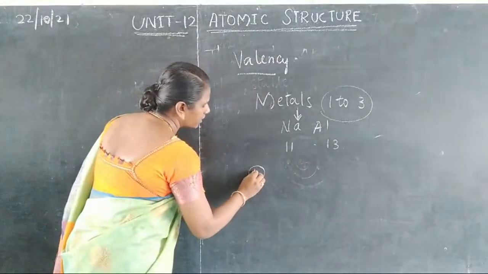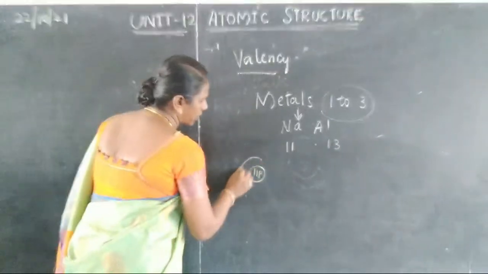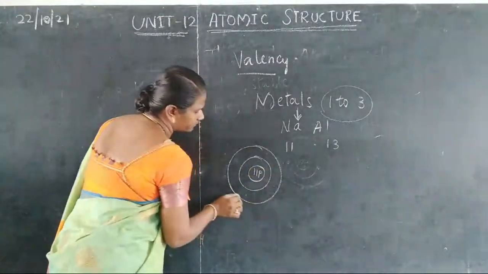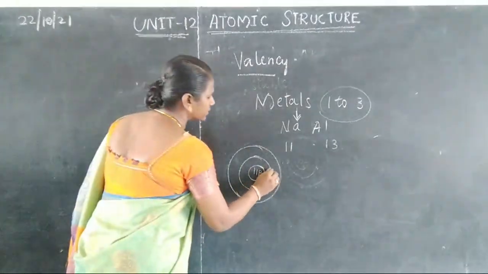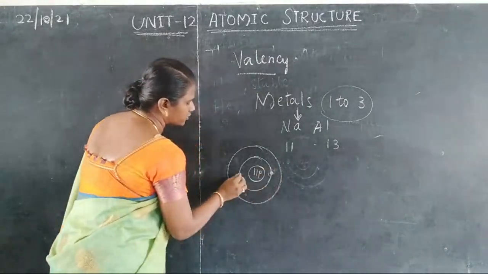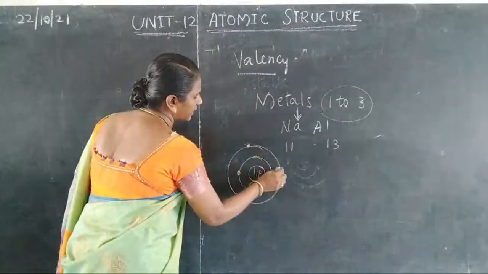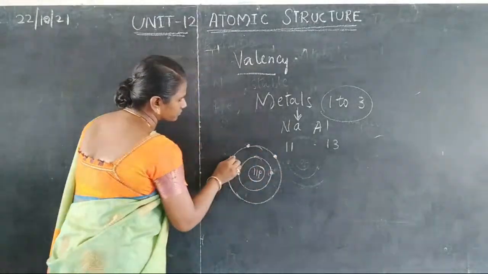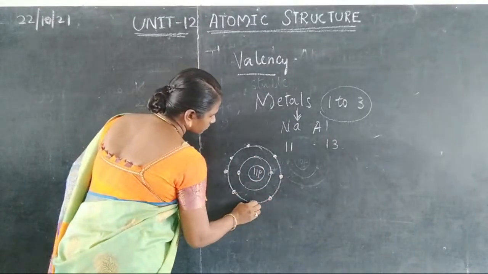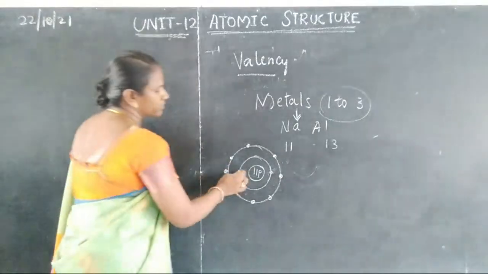Sodium has 11 protons in its nucleus and 11 electrons. 2 electrons are in the K shell, 8 electrons in the L shell, so that is 10.